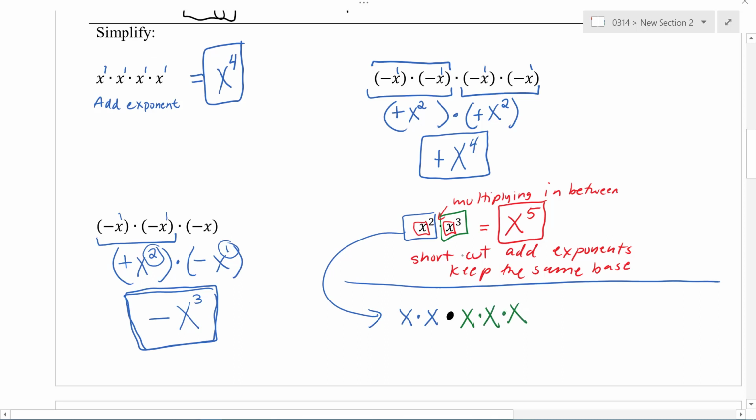So I can stretch out what that exponent means for both of those bases. Now, all of those are really the same x, right? So that's really x times x times x times x times x. How do I write it if I'm multiplying 5 x's together? Well, the shortcut way of writing that is x to the power of 5. So whether you use the shortcut rule for exponents or you stretch it out and you count up all your x's by doing it the long way, your final answer is going to be the same.